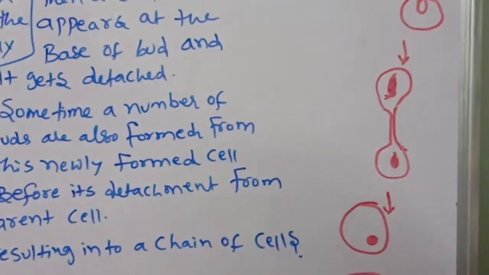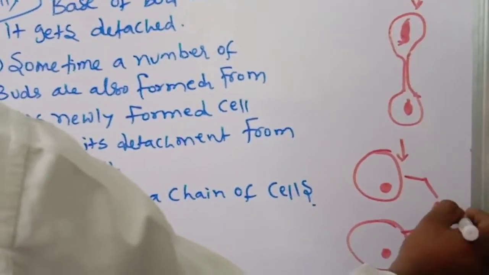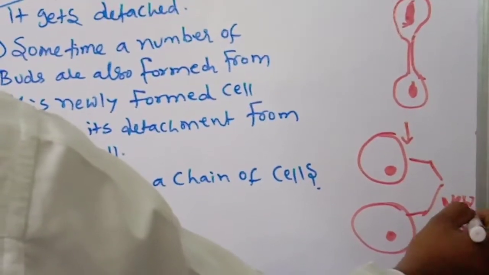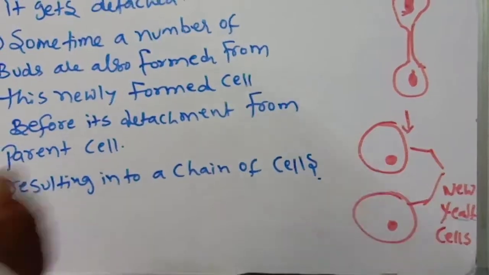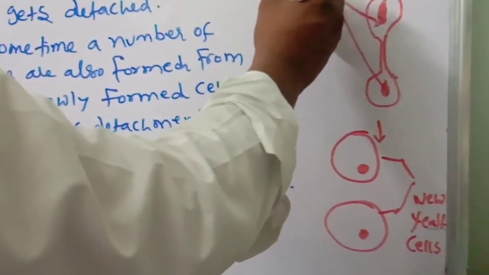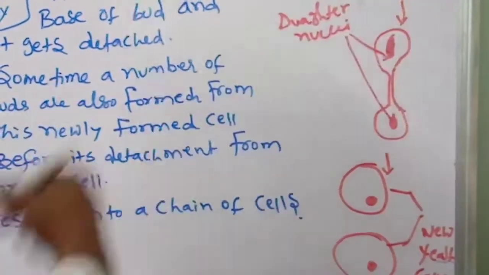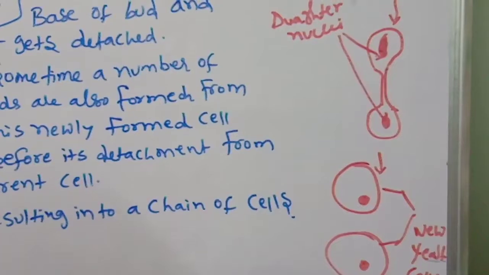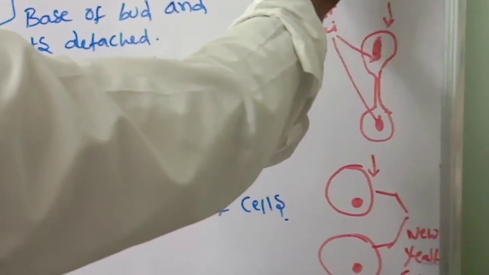These are called new yeast cells. That is important. These two are called daughter nuclei. What is going on here?